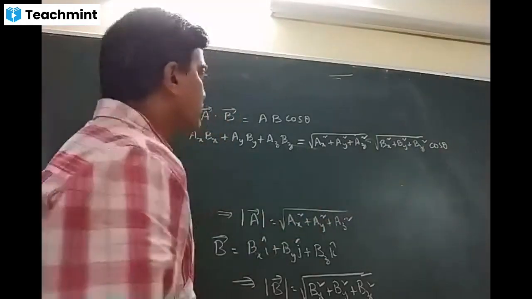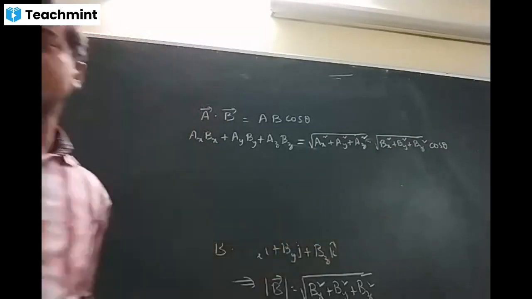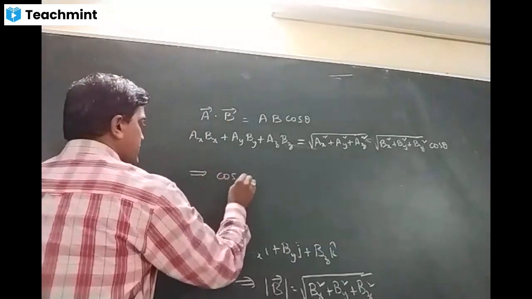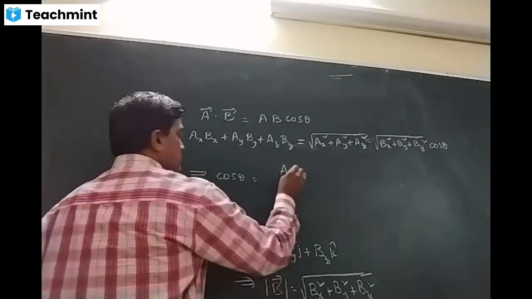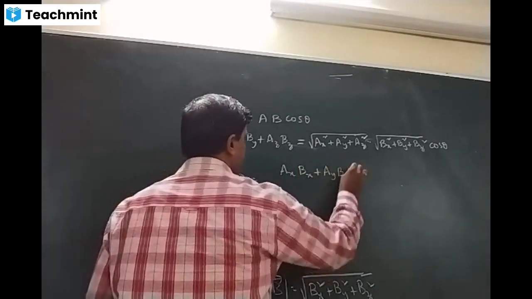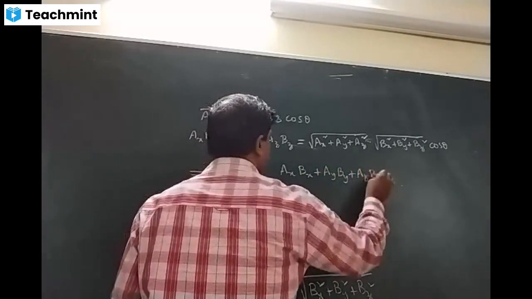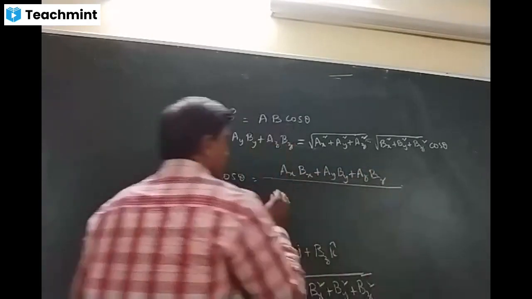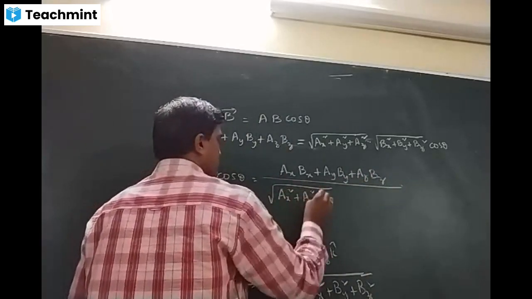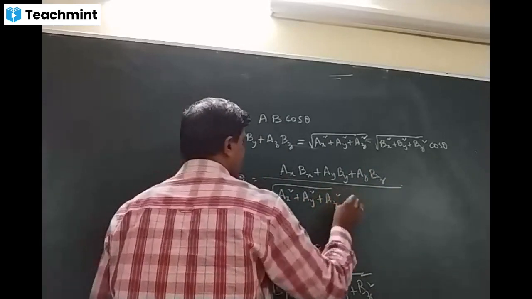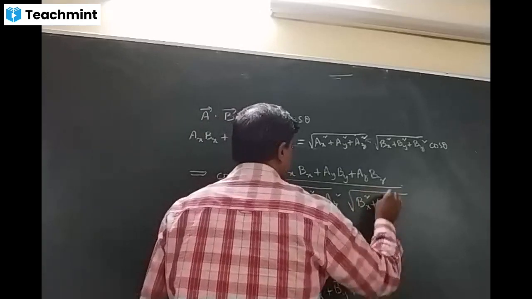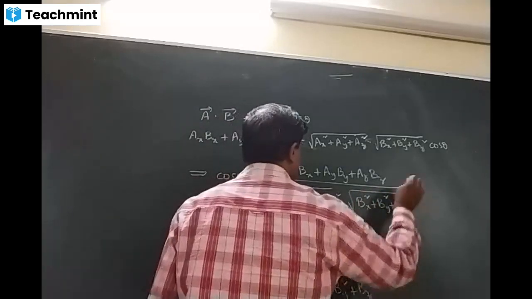Now I want the value of cos theta. From this, I will get cos theta is equal to AX BX plus AY BY plus AZ BZ divided by square root of AX square plus AY square plus AZ square into square root of BX square plus BY square plus BZ square.